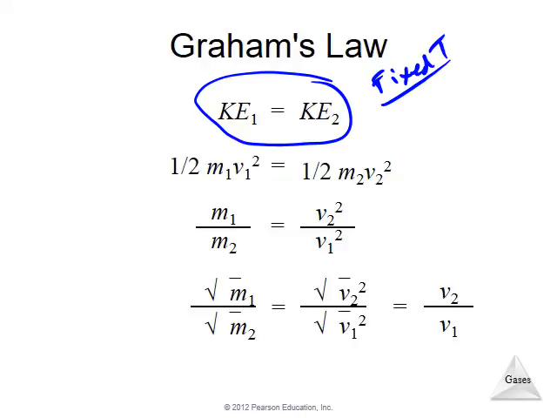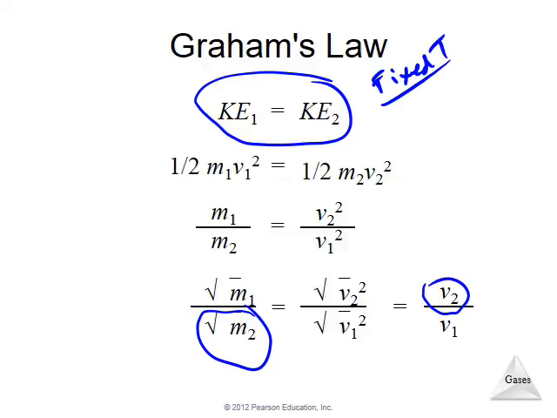So we set up an expression like this: half m1 v1 squared equals half m2 v2 squared. Then you do the math, and v2 over v1 equals the inverse of the square root of the masses; the masses go in inverse order.